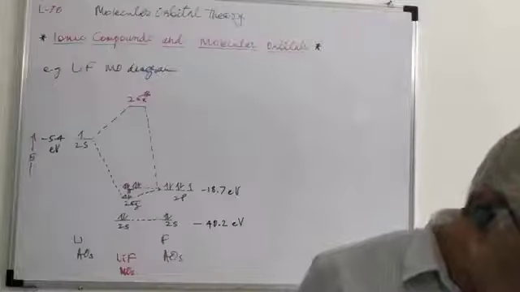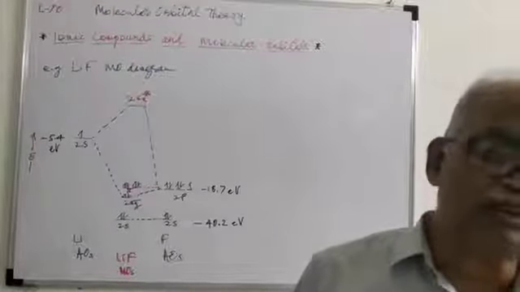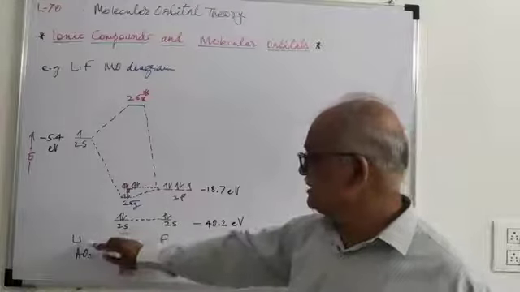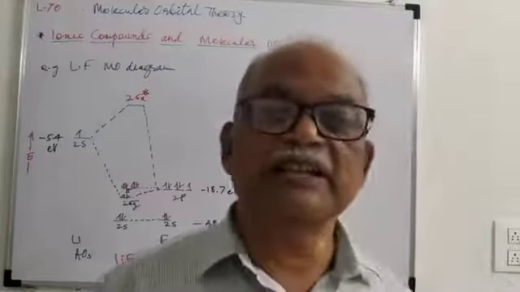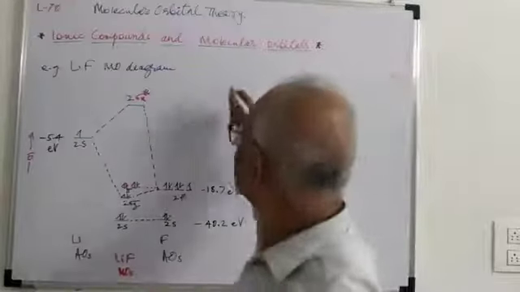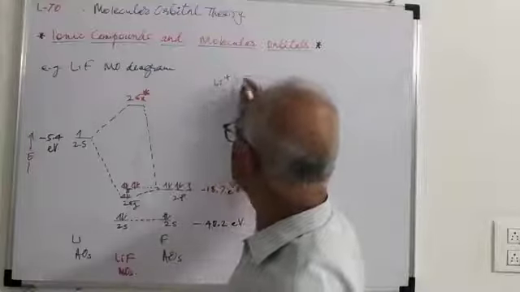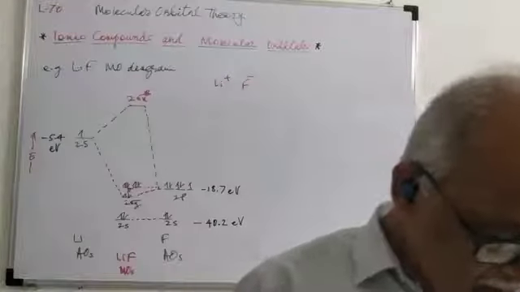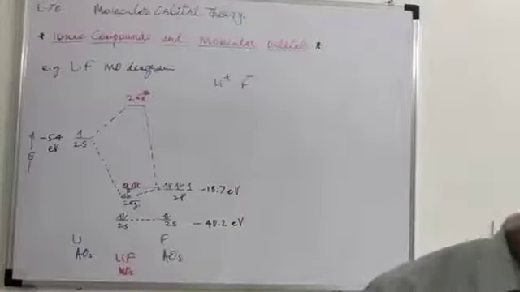The formation of the crystal lattice arises because of the attractive forces between these ions, that is Li plus and F minus. But before that, there is a need for formation of this Li plus and F minus. After formation of this ion pair, there is the second process that is called formation of the crystal lattice. So there are steps involved in this process, which we will see here.